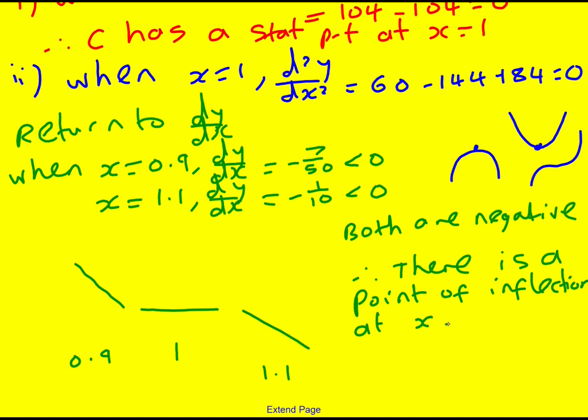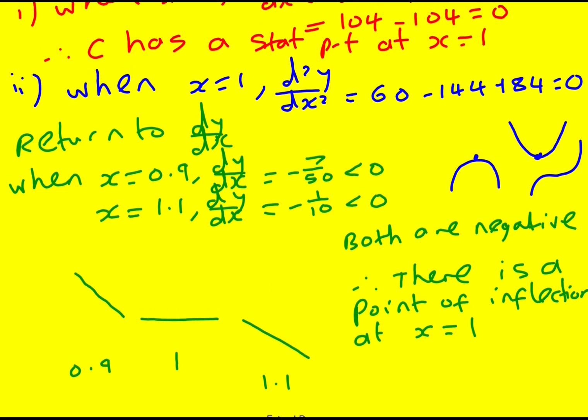at x equals 1. Note, you can get points of inflection where it's not a stationary point. But here we're actually classifying a stationary point, so it's enough. Otherwise, you need to show that the second derivative is changing sign, which is a slightly different approach, but this works really well here.